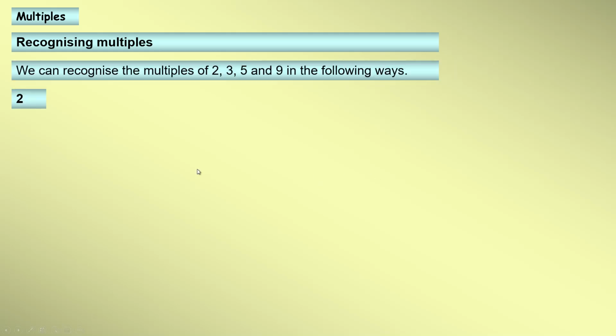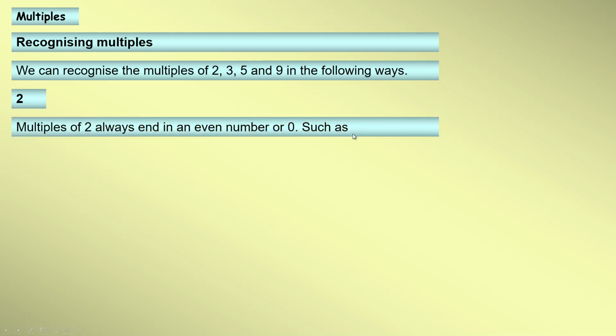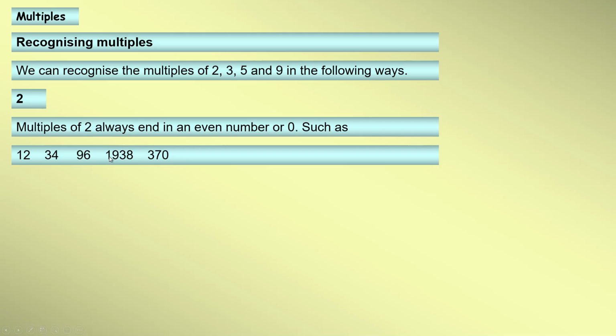Multiples of 2, anything in the 2 times table, ends in an even number or 0. Okay, so it's got to end in an even number. All even numbers are multiples of 2. Okay, so 12 or 34, 96, anything that's ending in an even number is a multiple of 2.